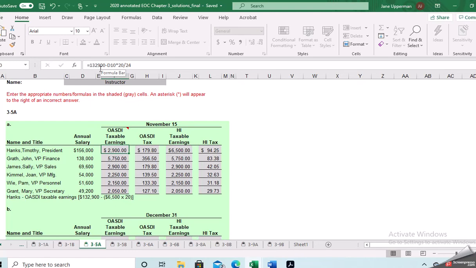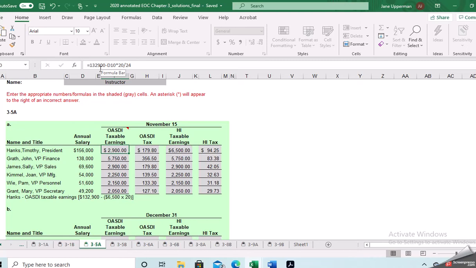So that is our limit to say we are only going to be taxed up to that amount. Now they are multiplying that by 20 and dividing by 24, because there are 24 semi-monthly periods in that year. So that's why we're coming up with that number.